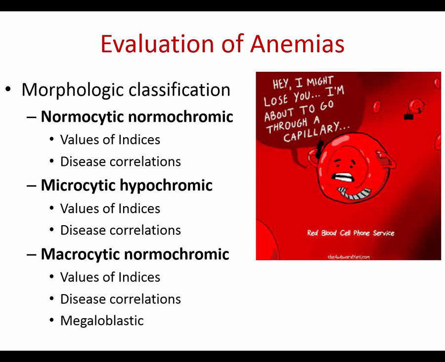Based on the rule of 3, what would be your expectation for this person's hematocrit? 45. But are you going to have a 45 hematocrit? No. If your red blood cells have ruptured, what is hematocrit? Packed red blood cells. If they have ruptured, they're not going to pack, right? So hematocrit is not going to be 45.